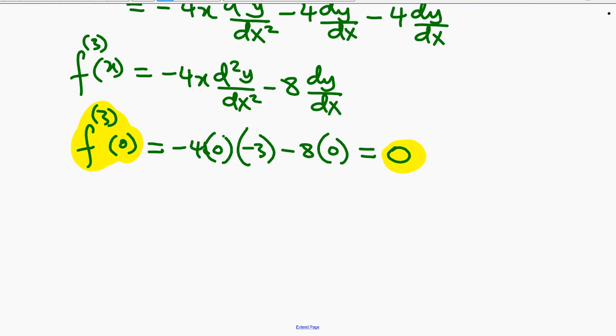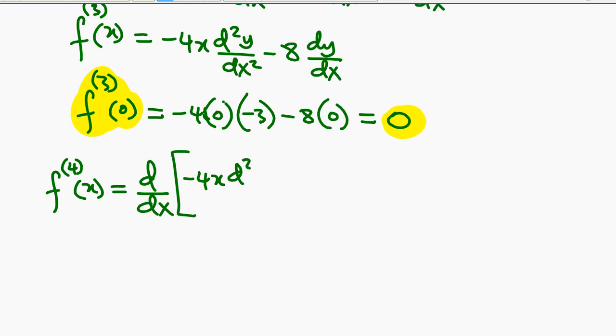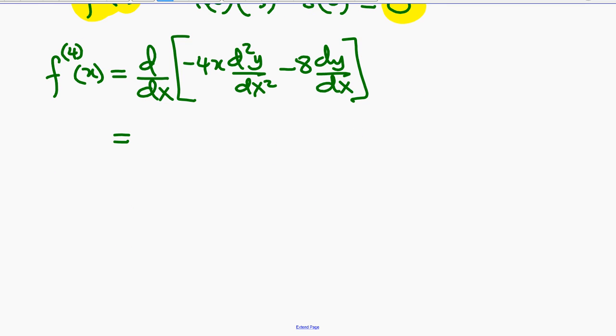All right, let's move to the fourth derivative. So the fourth derivative will be the derivative of the third derivative. Now this will be equal to, so we can just differentiate term by term. And we'll have to apply product rule in the first one.